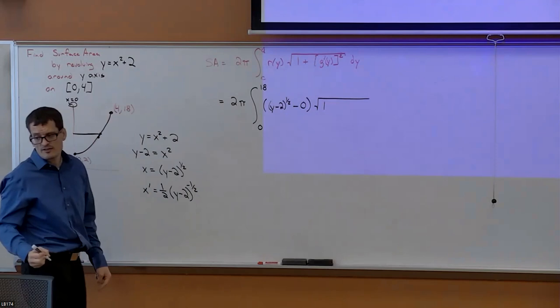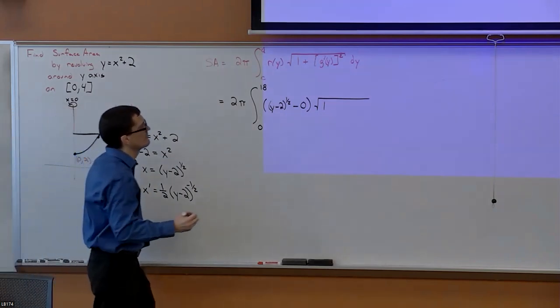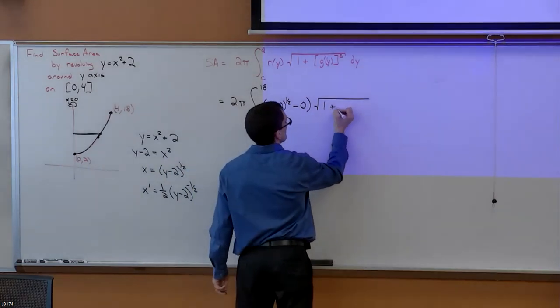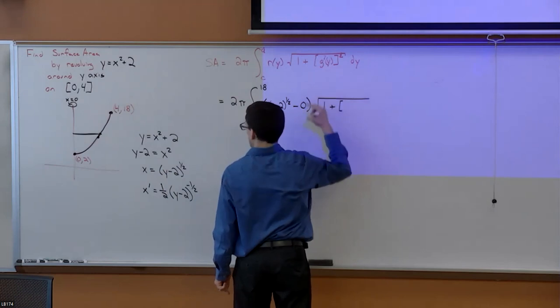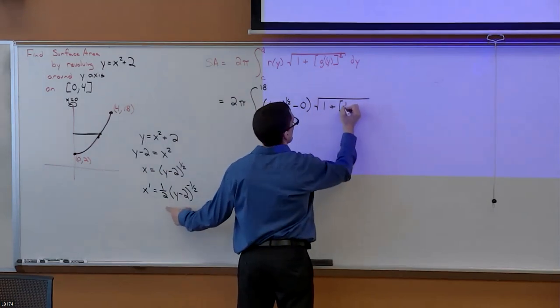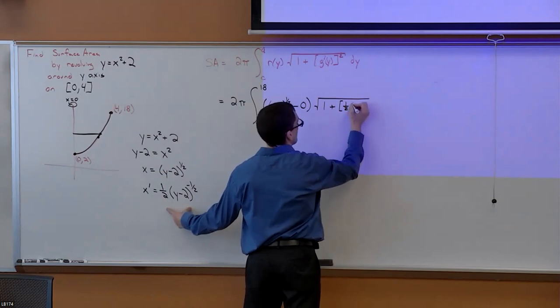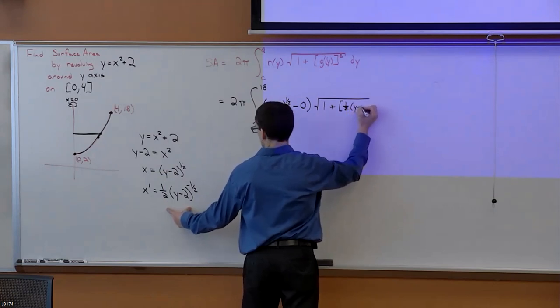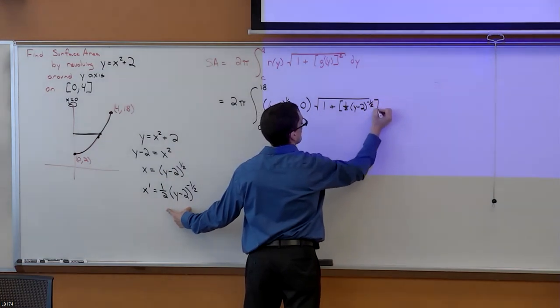And then the arc length part is going to be the square root of 1 plus the derivative of the curve squared. Now the derivative of the curve, once again, is 1/2 times (y minus 2) to the negative 1/2, and we're squaring all of that.